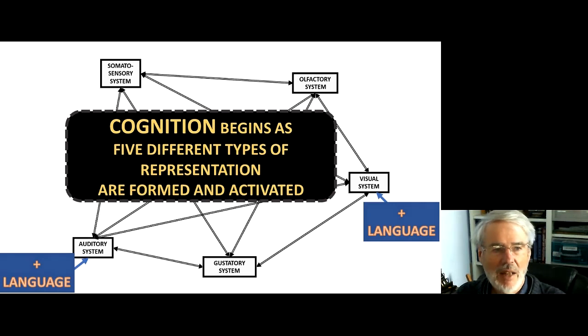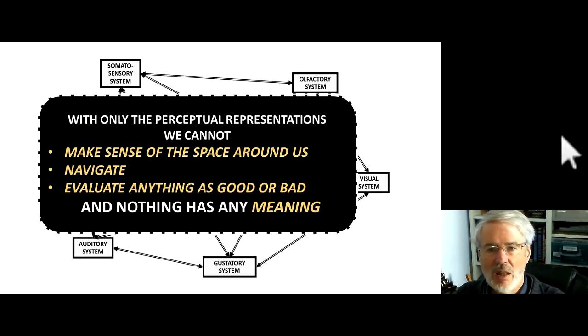Okay. And so the fact is that if we just had this kind of cognition, the outer layer type of cognition, we would be pretty lost, because we wouldn't be able to make sense of the space around us, navigate through space. We would not be able to evaluate anything as good or bad. It would have no emotional significance to us, and most of all, nothing would have any meaning.